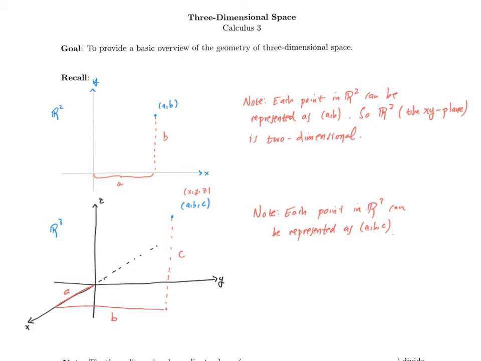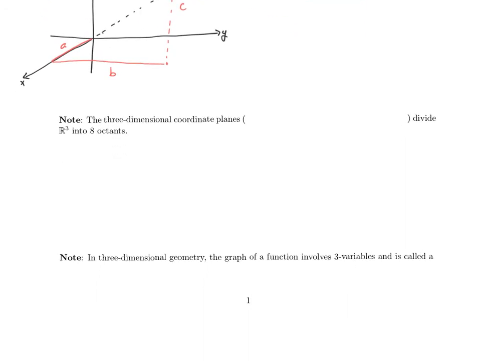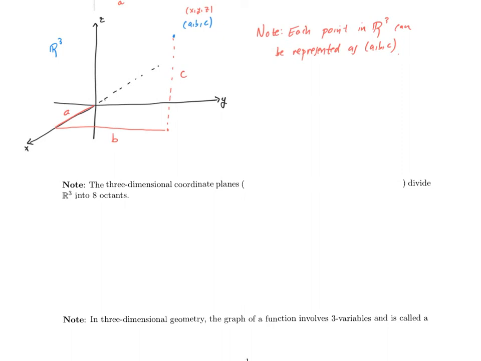And one very basic observation to make is that the x and the y-axes break up two-dimensional space into four quadrants. And there is a very similar idea going on in three-dimensional space, except now it's what we will refer to as the three-dimensional coordinate planes.